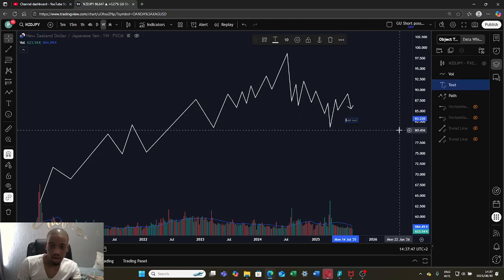So deeper pullback is indicative of weakening bullish structure characteristics.